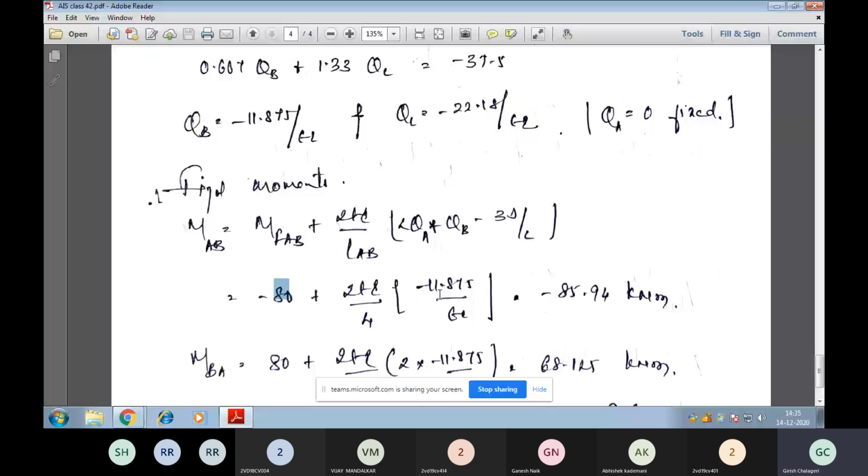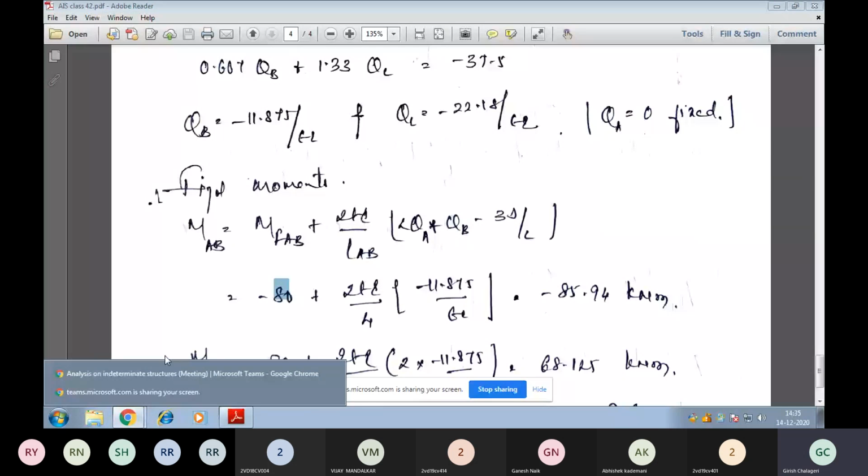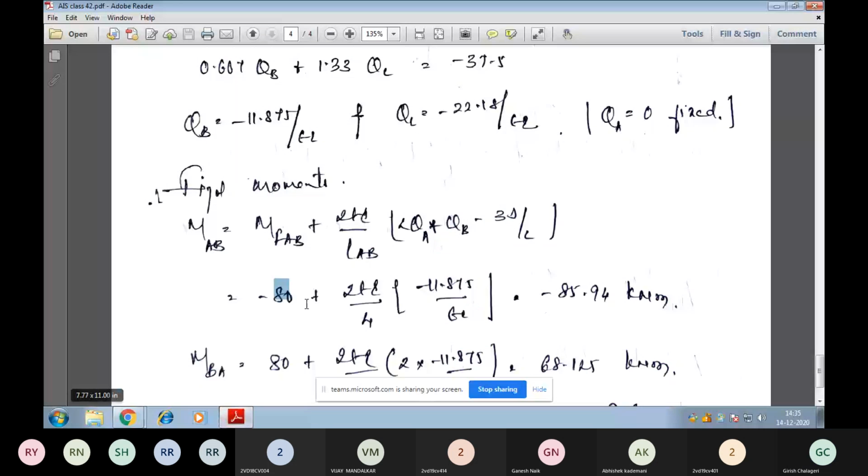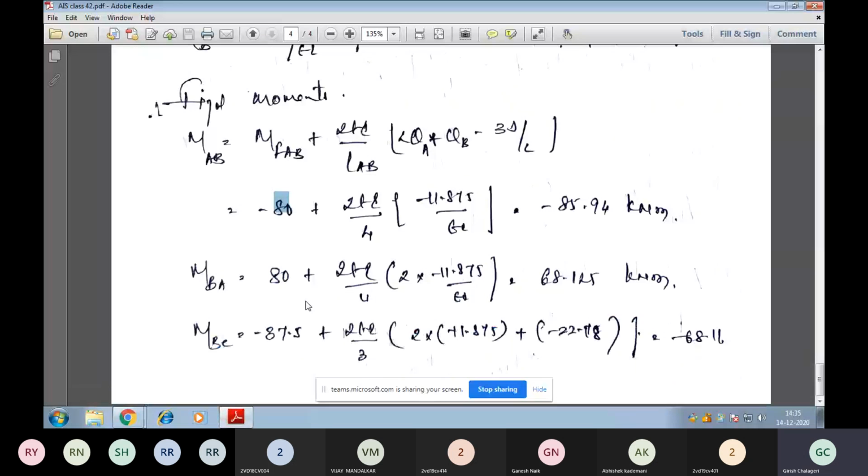This will become 5.94. Adding both, the final moment at joint A for member AB will be minus 85.94 kilonewton meter. So this is how we got the moments by applying the slope deflection equation. Similarly, find the final moments in the other members at the other joints also.